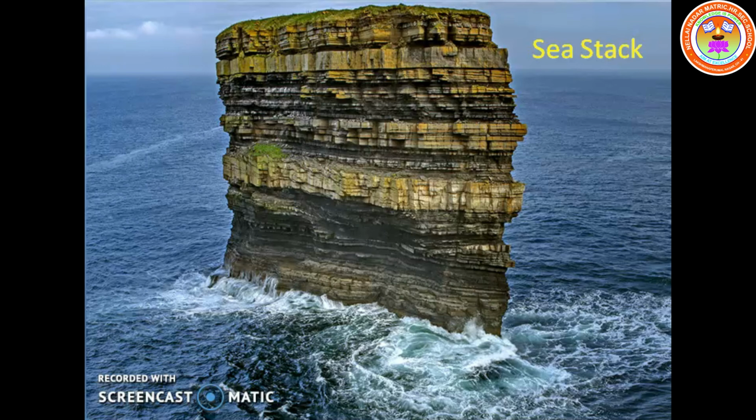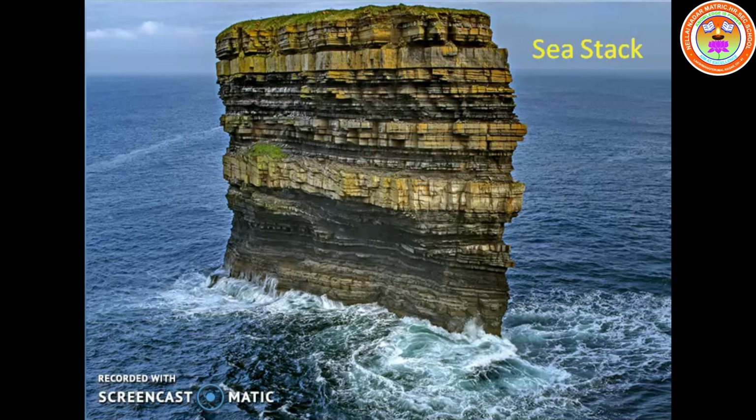Further erosion by sea waves ultimately leads to the total collapse of the arch. The seaward portion of the headland will remain as a pillar of rock known as stack. For example, the Old Man of Hoy in Scotland.